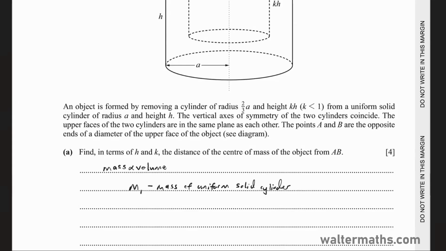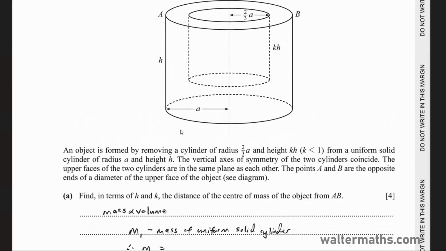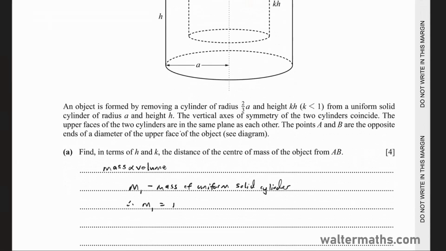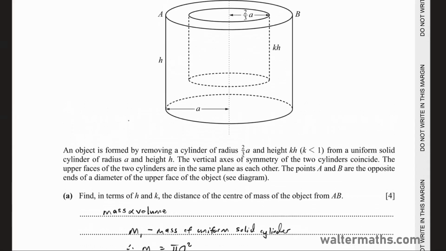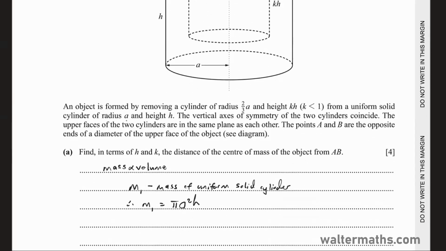So basically, M1 will be the volume of the whole cylinder. The volume of a cylinder is pi times radius squared. The radius is a, so it's going to be pi a squared times h. The height of the bigger cylinder is h. So that's what we have as M1.